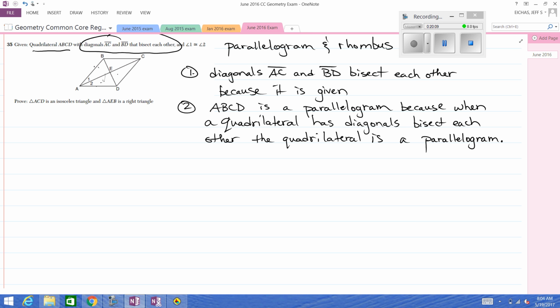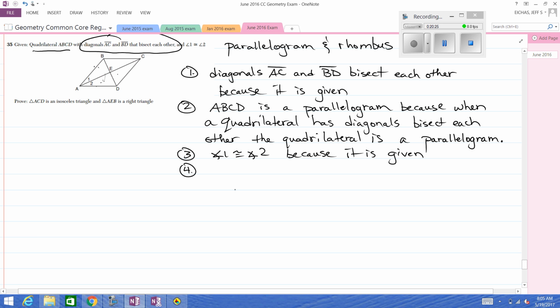Now, okay, so then this is going to take us to our next step. Angle 1 is congruent to angle 2, and that's because it's given again. And for the conclusion from that, we can say that AC bisects angle BAD by the converse of the definition of angle bisector.